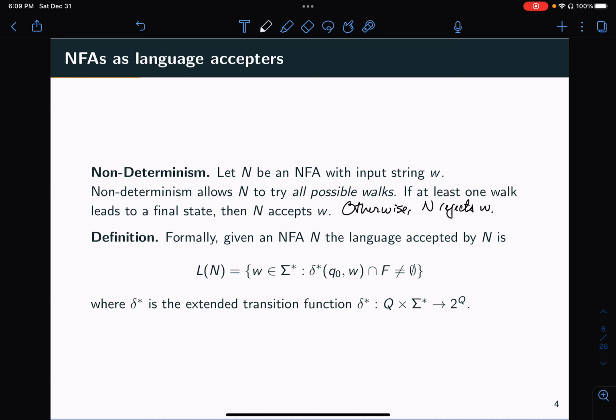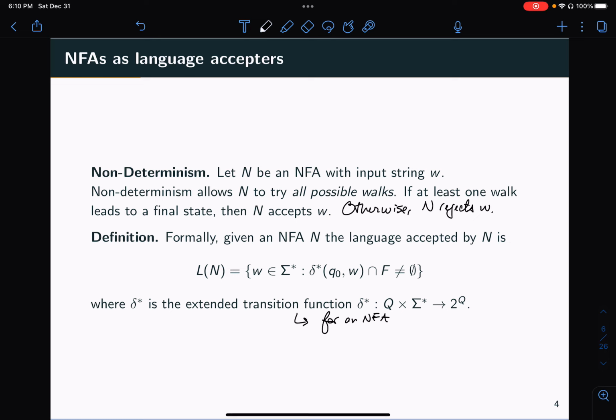And so formally what we mean by this is that the language accepted by an NFA N is the set of strings over the alphabet sigma star. Well, over the strings that can be represented by symbols in the alphabet sigma, right? So this isn't the alphabet, this is a set of all strings over the alphabet. So it's a set of all strings such that there is at least one transition, right? So you'll notice that this is the extended transition function for an NFA, okay?